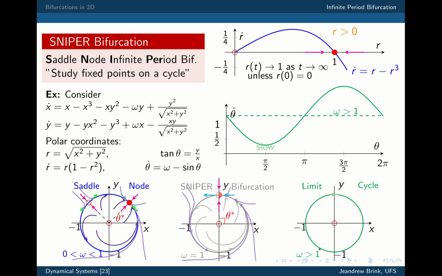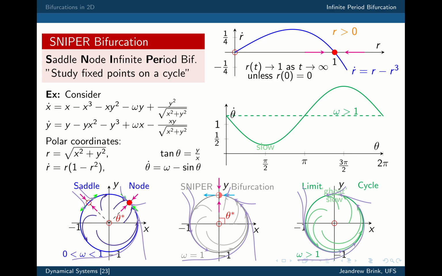And if we want to put in the arrows, the flow is slow over here, where theta dot is close to 0, which is basically ghost slow in the sense that the fixed points have disappeared, and then it is faster as you move away from theta equals pi over 2 where the bifurcation point was. Okay, and if you put in the trajectories, they look like that.